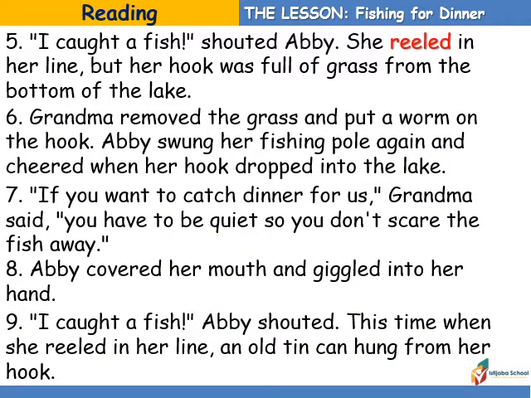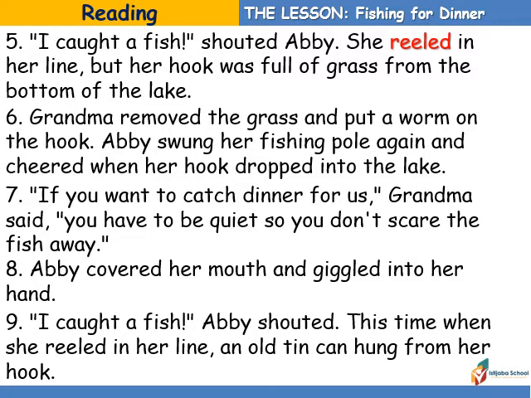Grandma removed the grass and put a worm on the hook. Abby swung her fishing pole again and cheered when her hook dropped into the lake. If you want to catch dinner for us, Grandma said, you have to be quiet so you don't scare the fish away.